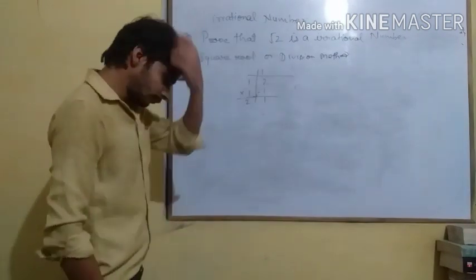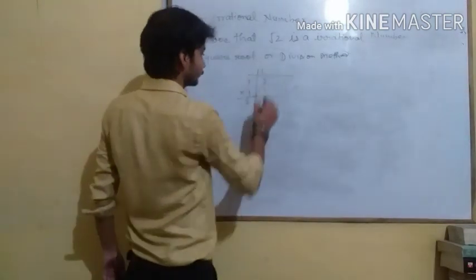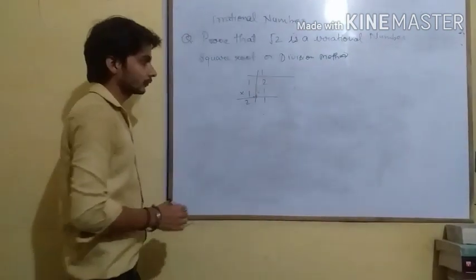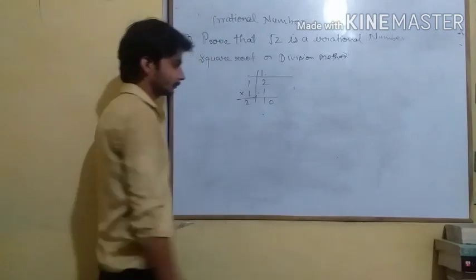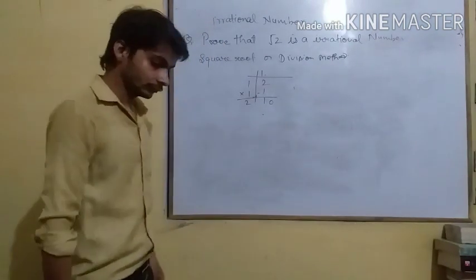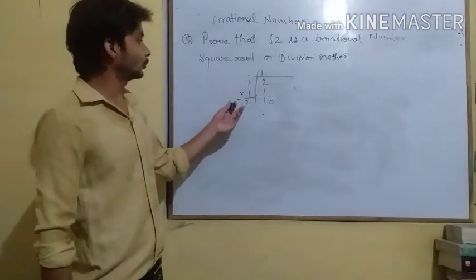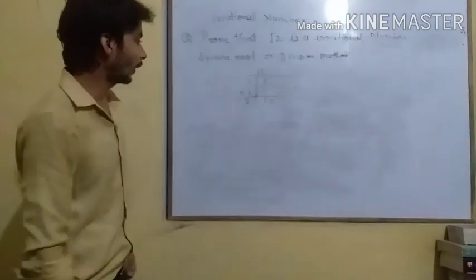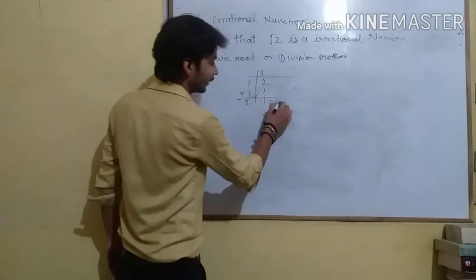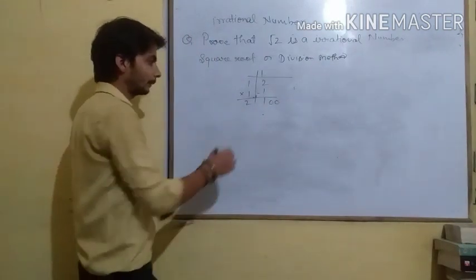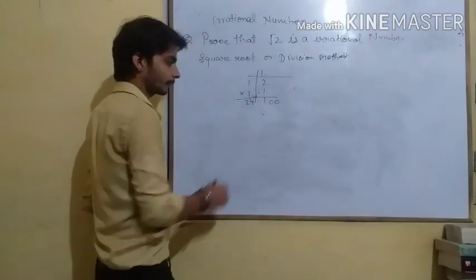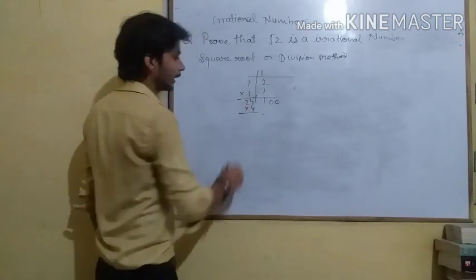Now put the decimal, and here 0. But the 2 square, we have to find out a value. For that we will write here 100 and put here 4. Multiply by 4.